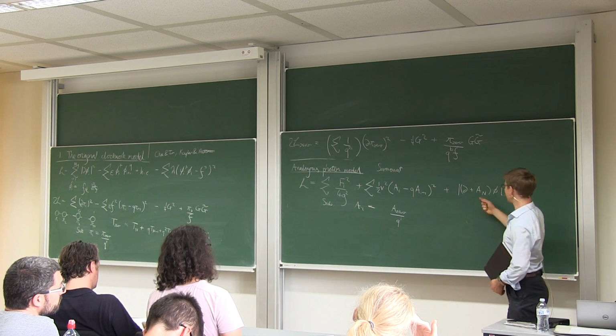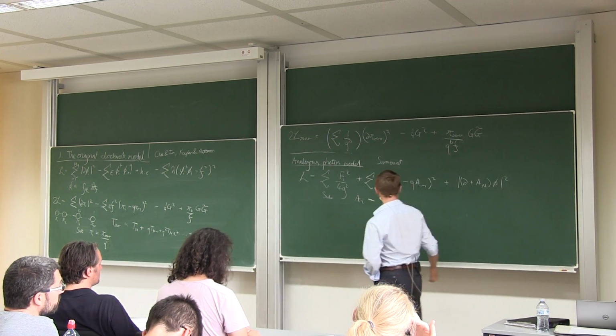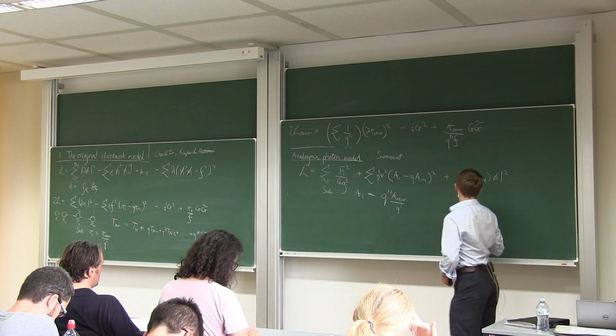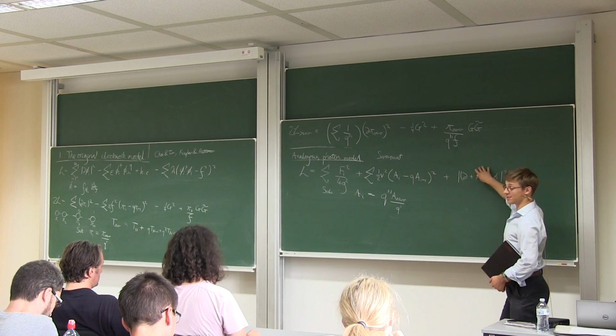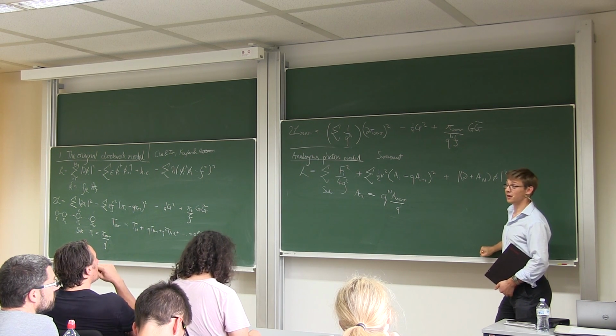Just making a substitution, you get a 1 over q to the n. So very deliberately, I'll work in the normalization where if all of the test particles have integer charge, they'll have integer charge under the 0 mode.